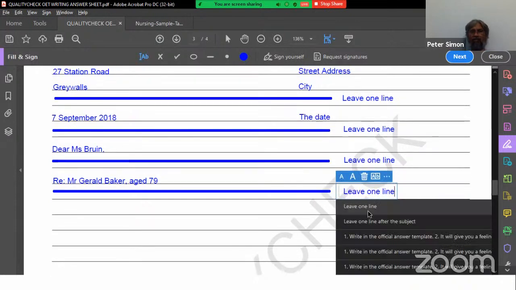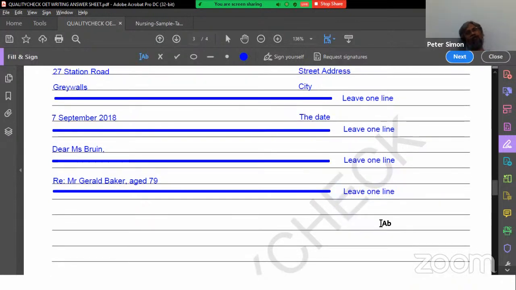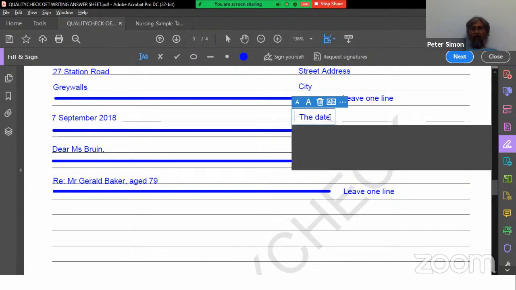Leave yet another line. Finished. The preliminaries are gone. That's it. There is nothing to do for this. There is nothing to worry. Right. The date. Okay, how are you going to write the date?